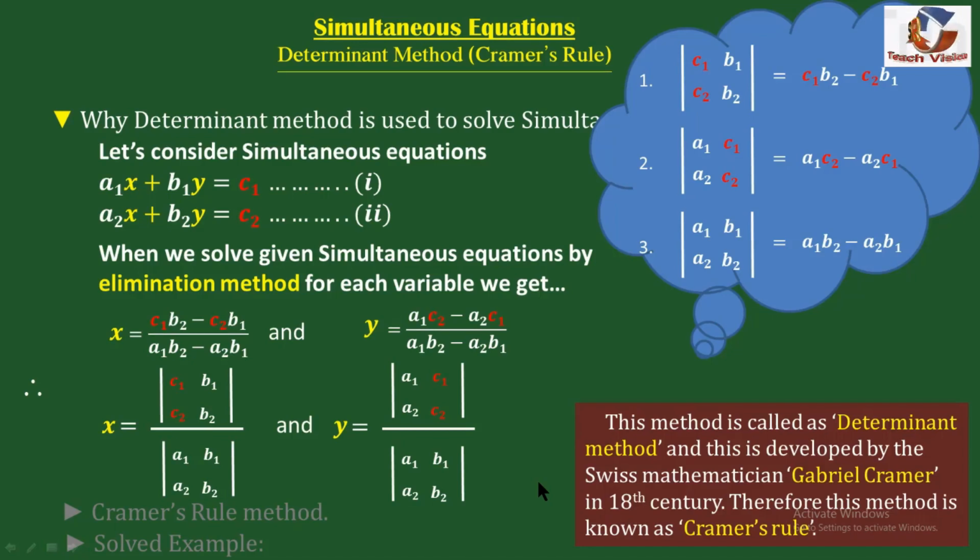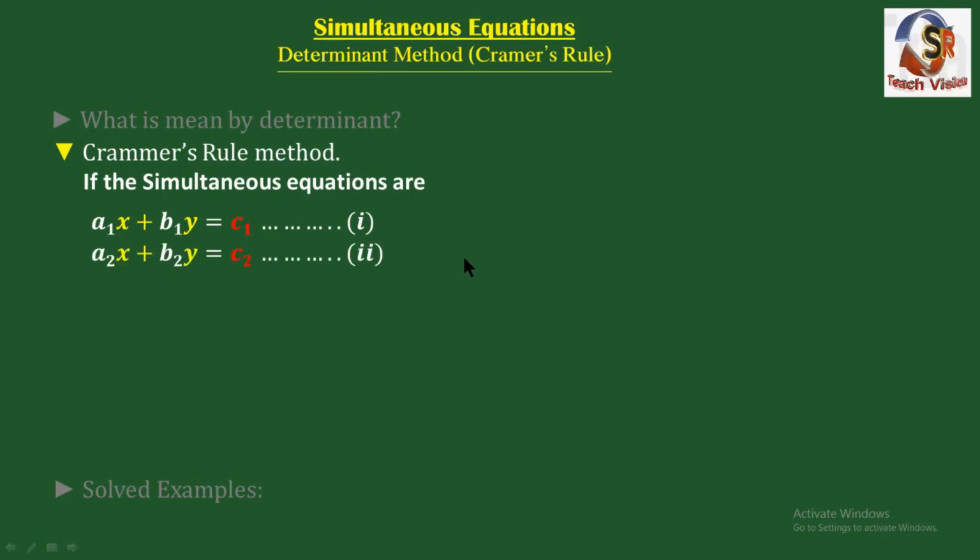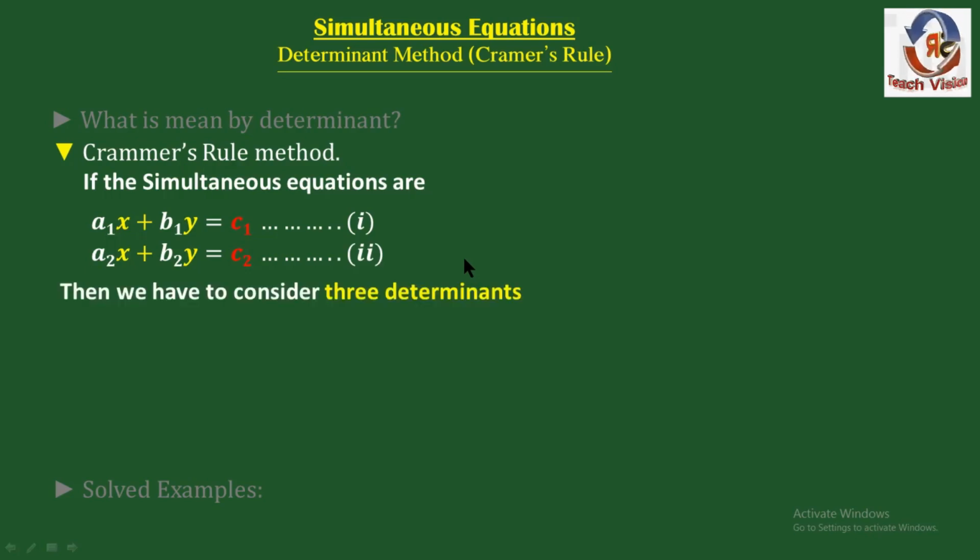Let's understand what is the Cramer's rule method. If the simultaneous equations are a1x plus b1y is equal to c1, this is our first equation, and second is a2x plus b2y is equal to c2, then we have to consider three determinants. The first is coefficient determinant.